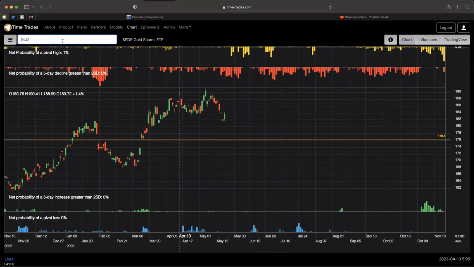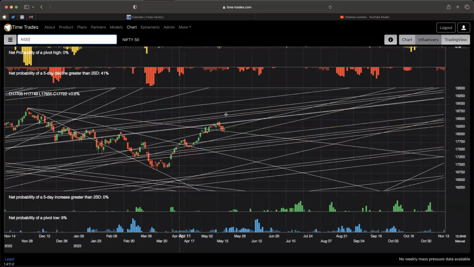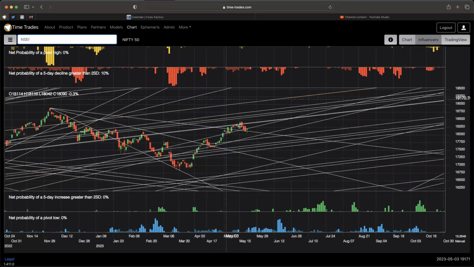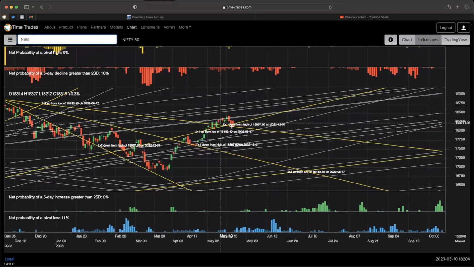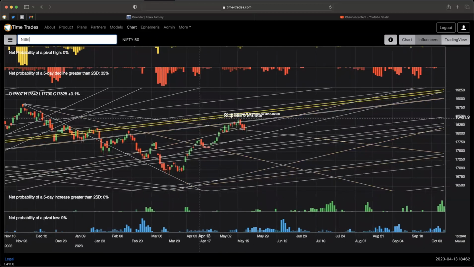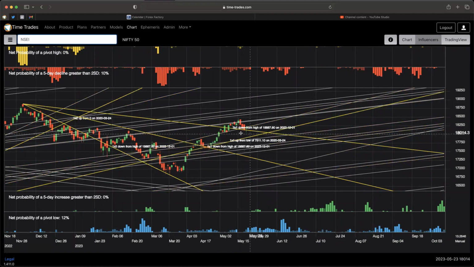And we'll wrap up the call today with a look at the Nifty NSEI. And the Nifty is consolidating here. It's got a lot of Gann fan support right here based on this fan down from the December 1st high. So even though it had a red week, it's great to see the Gann fan support holding.